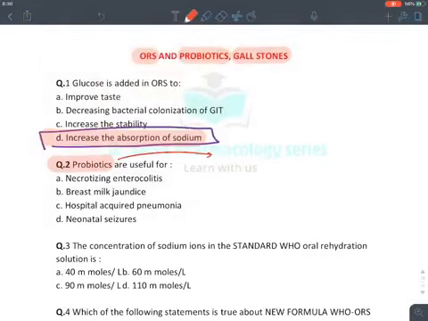Now what are probiotics? Remember, probiotics are the group of drugs which are symbiotic bacteria and fungi.